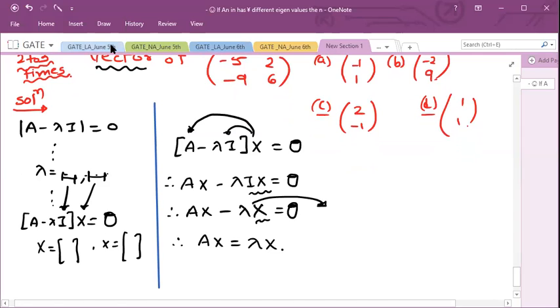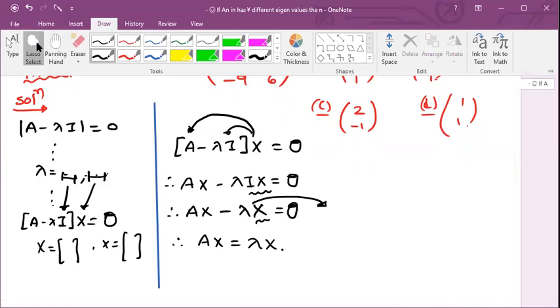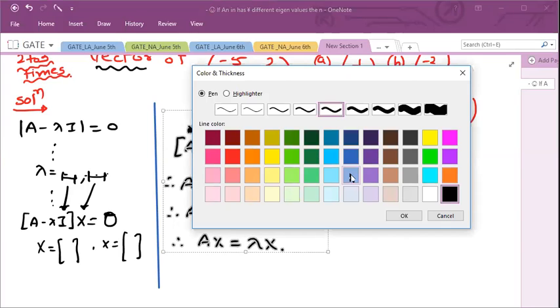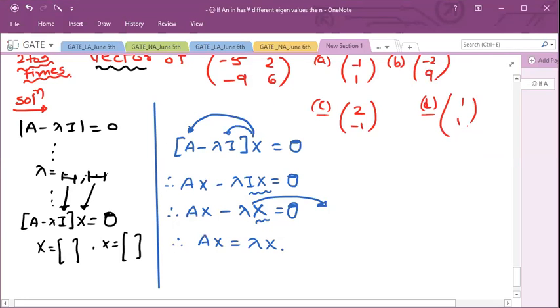Therefore, Ax is equal to lambda x. Is it clear? So for eigenvectors, our other condition is Ax is equal to lambda x.